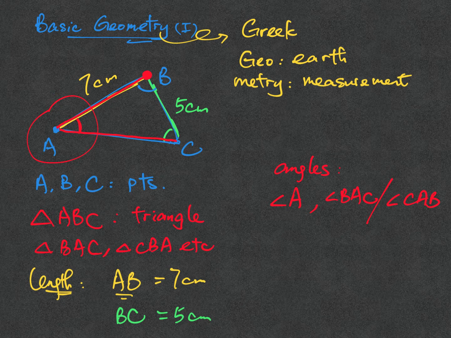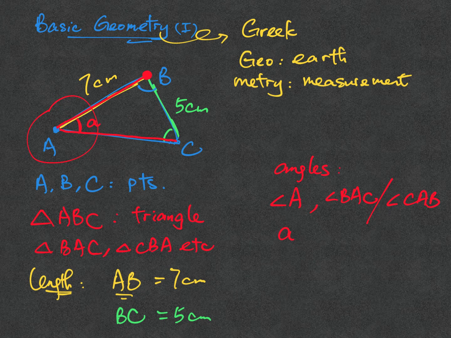In some occasions, we will also make use of small letters to represent the angle. For example, we may put a small letter a next to the angle symbol. As a result, we can also call it small a directly. But in this case, we do not need to put the angle symbol, because the small letter a itself already means the angle.